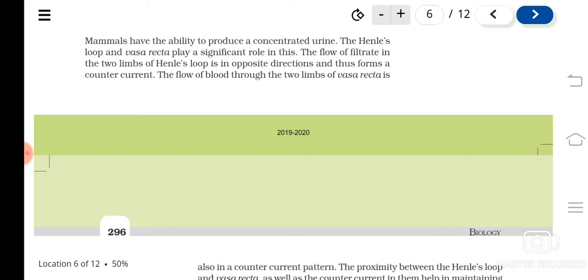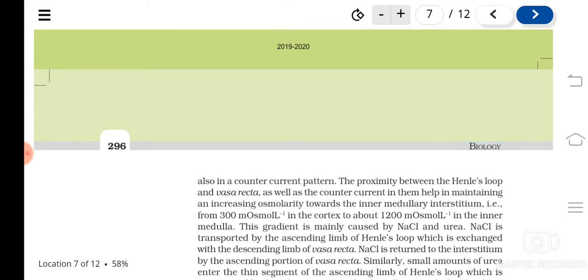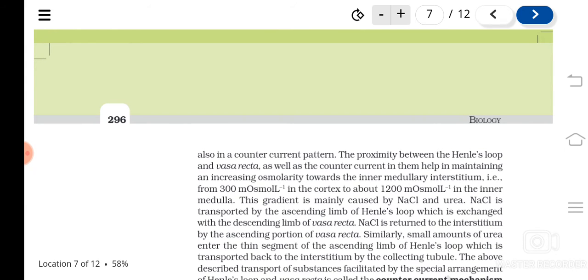The flow of blood through the two limbs of vasa recta is also in a countercurrent pattern. Understood? So, the proximity between the Henle's loop and vasa recta, and the countercurrent flow of fluids in opposite directions, help in maintaining and increasing osmolarity towards the inner medullary interstitium, from 300 milliosmoles in the cortex to about 1200 in the inner medulla.